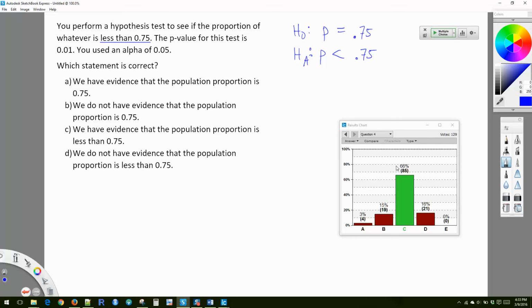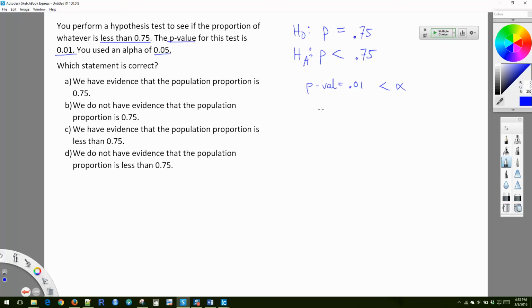What we find is our p-value is 0.01, which is less than alpha. So our p-value is less than alpha, which means we reject the null hypothesis.